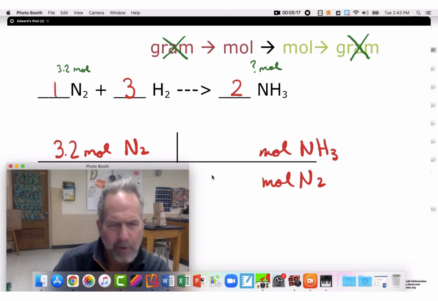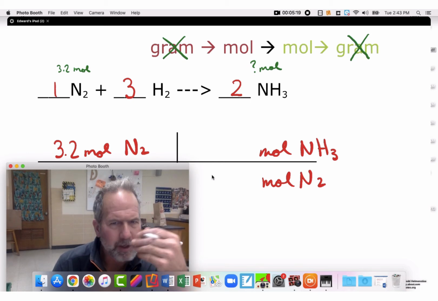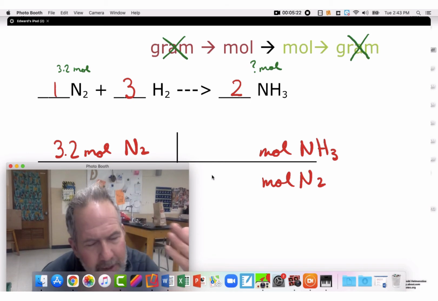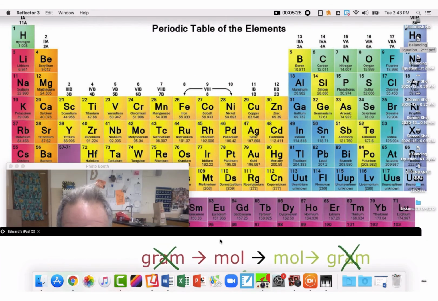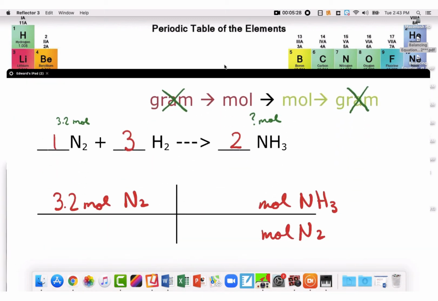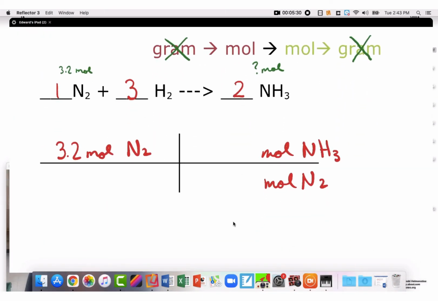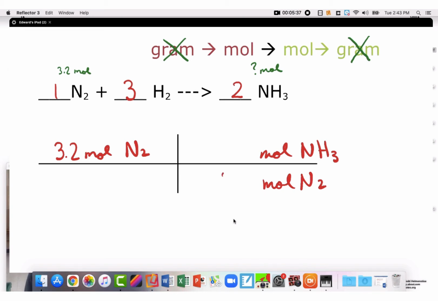We don't have any grams if we're going mole. No need to look anything up. No need to get out the table. So we don't have to worry about that. All we have to worry about is that mole ratio. So let's look at the equation for that mole ratio. We have 1 N2, and I'm getting that right here for you folks who are not sure where I'm getting that. And we have 2 ammonias.